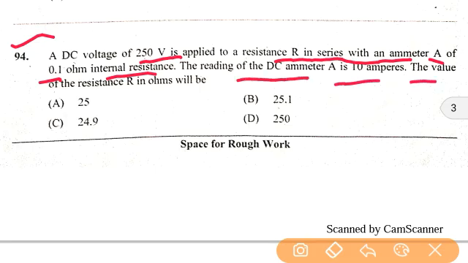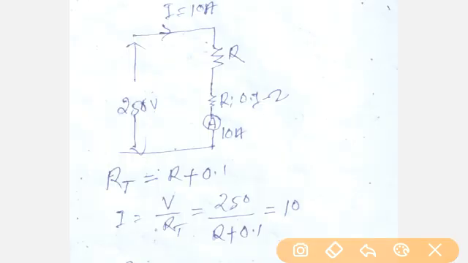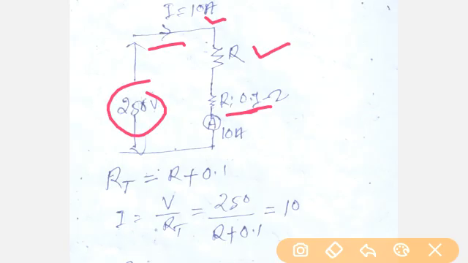The value of the resistance R in ohm will be: as per the question, the circuit current is 10 ampere, the ammeter with 0.1 ohm internal resistance is connected in series, the supply voltage is 250 volt and the circuit resistance is R ohm. Here we have to find this R value.